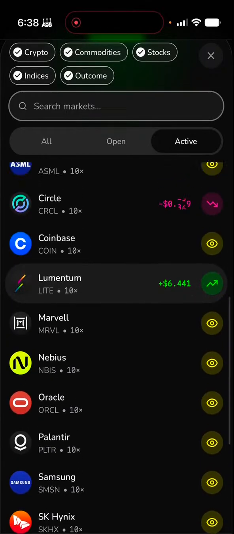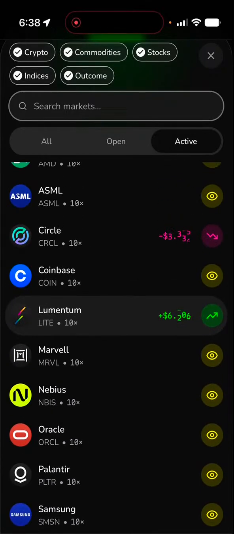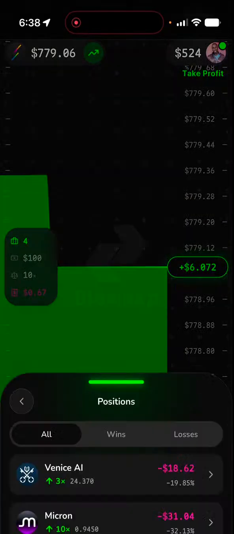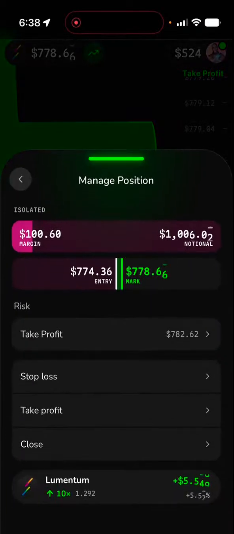One of the things I'm trying now is letting them run a little bit longer. Because if you check this out, let's take a look at our Lumentum position. It's just coming back down, but this is a $100 position. So if this goes up $10 and we make a $10 take profit, that's basically a 10% trade, which is really high for a few minutes.